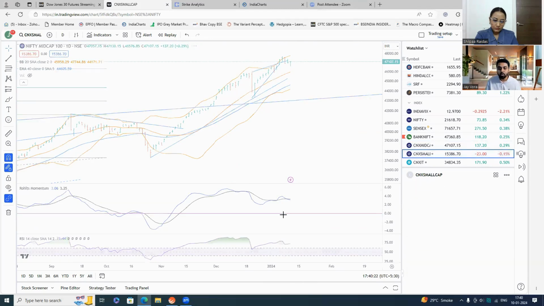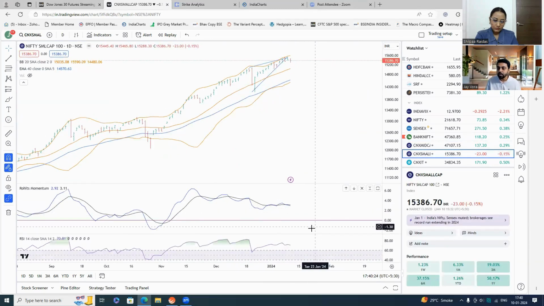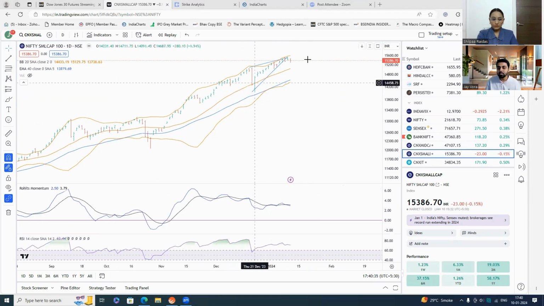The small cap index, again, is nowhere near completing the cycle. But all you see is that they are going into sell mode. And if they are going into sell mode, it tells you that they are either going to be sideways or there would be lackluster movement, because that's what the momentum indicator is showing, and that is loss of momentum.